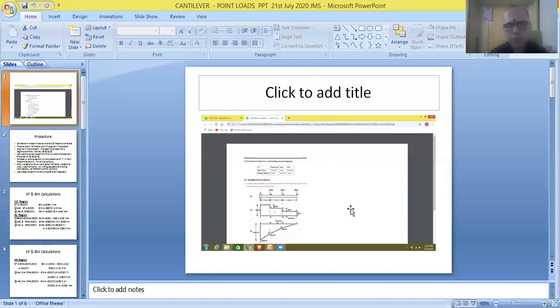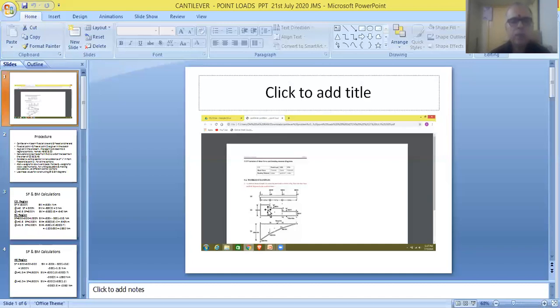For this configuration, we have to make calculations, and ultimately using these values we have to construct shear force and bending moment diagrams.